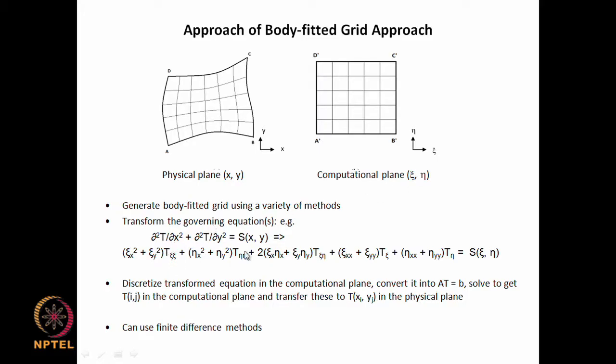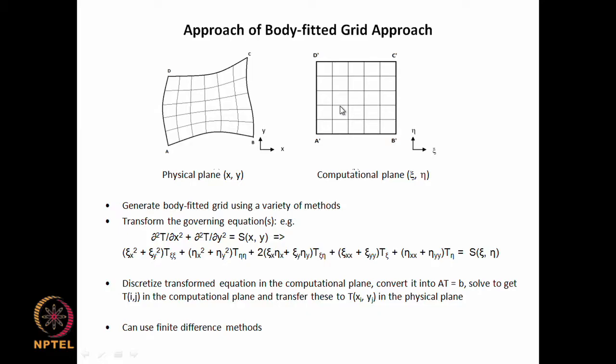This transformation is fairly easily derivable, and we have a transformed equation which is then discretized using finite difference principles on a uniform mesh, and that gets converted into an AT equal to B type of equation in the computational plane, the solution of which will give us the values at the grid points in the computational plane.